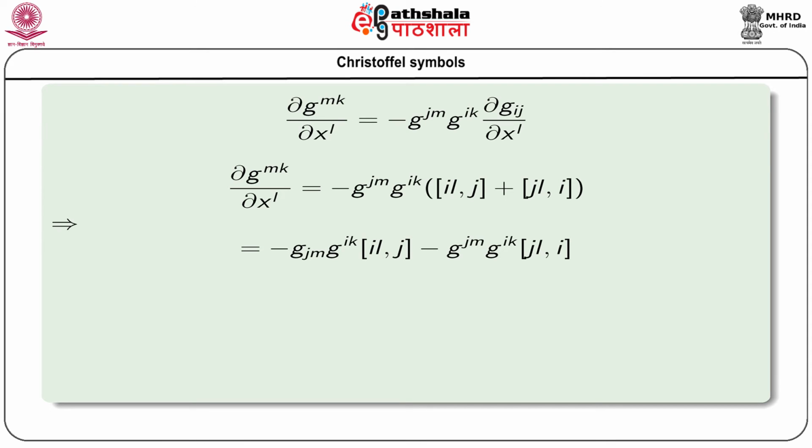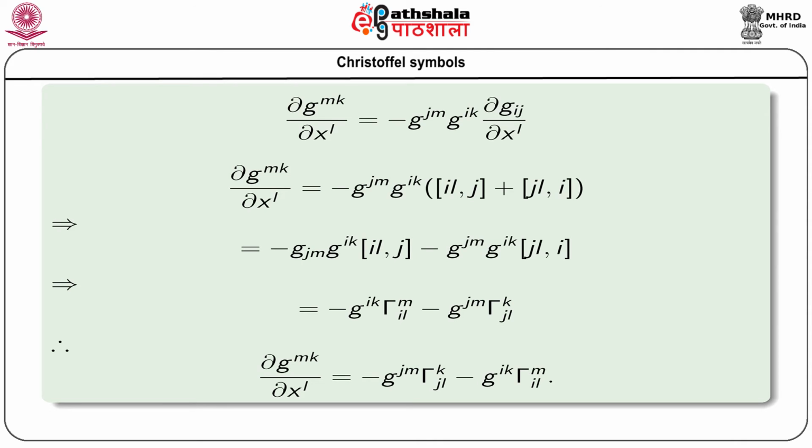So, by multiplication on the right hand side we get this expression, and from this relation we are getting minus g^{ik} Γ^m_{il} minus g^{jm} Γ^k_{jl}. So, this is property 4, that we are getting ∂g^{mk}/∂x^l equals to minus g^{jm} Γ^k_{jl} minus g^{ik} Γ^m_{il}.